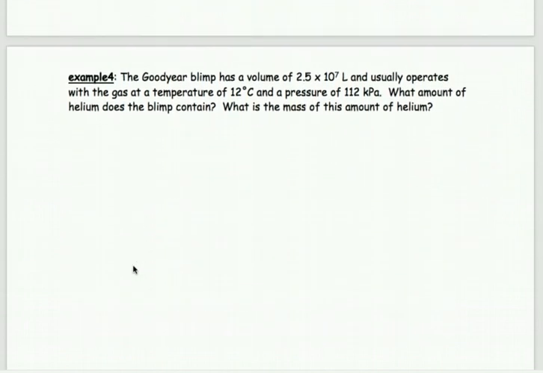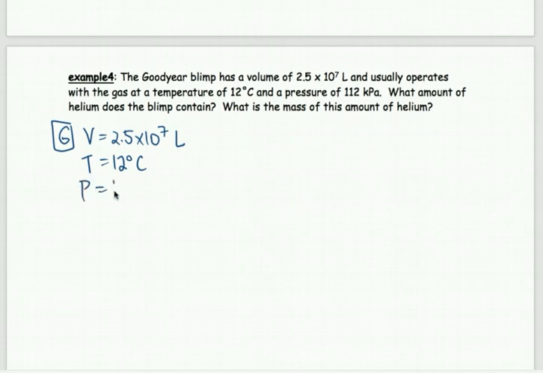Okay, all right, so we have a blimp here that has some gas in it. We'll write down all the stuff we know. The volume is 2.5 times 10 to the 7 liters, so a big number here. It usually operates with a gas at a temperature of 12 degrees Celsius and a pressure of 112 kilopascals.